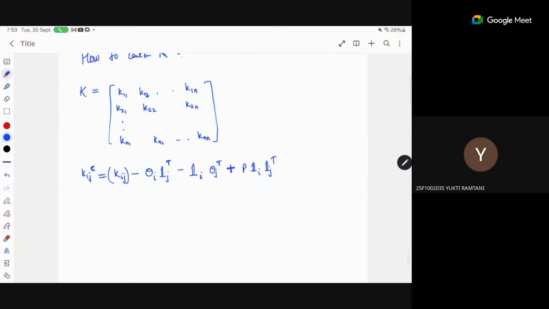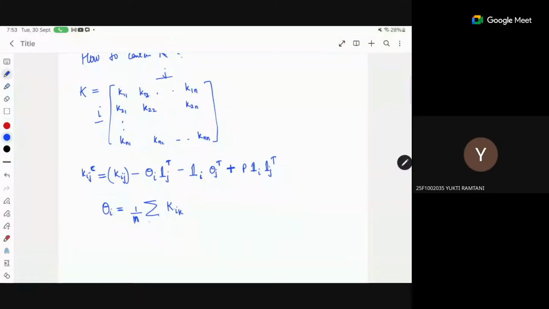Okay. But what are these theta, indicator, and so on? So here theta i, again, this is the ith row, i is for row and j is for column. So theta of i is nothing but 1 upon n, since there are n elements, the sum of k of i with k.